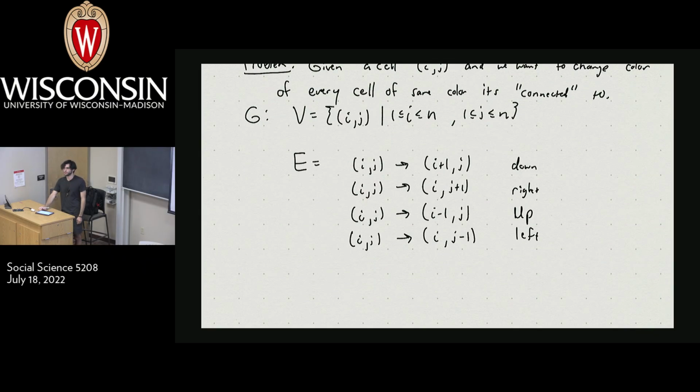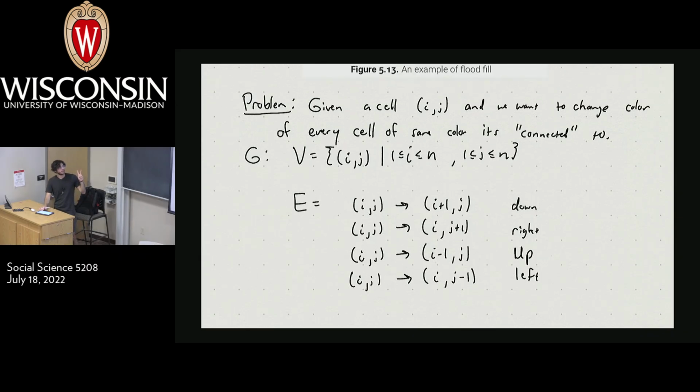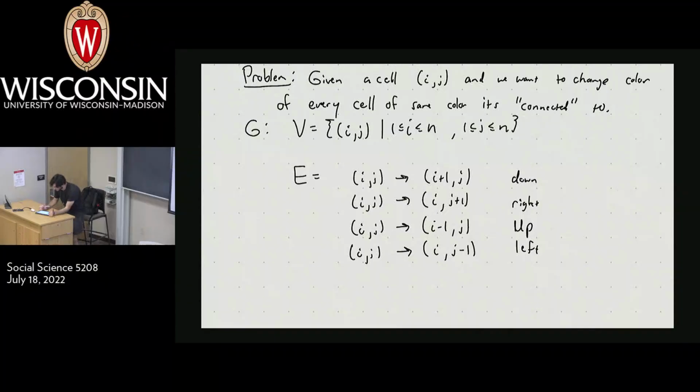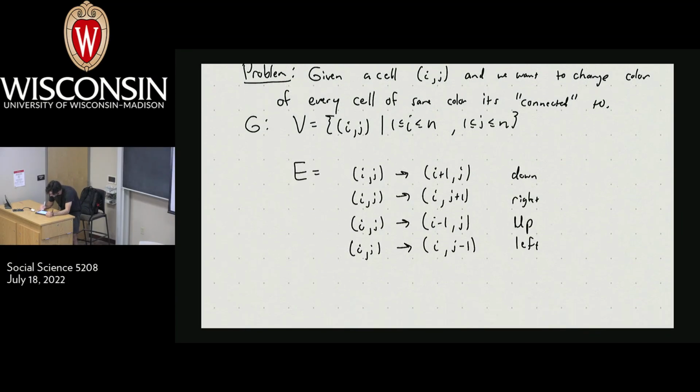And you'll make these moves if you don't fall off the board. So there's a mathematical formula for that. You would do up if i minus 1 is not equal to 0, in other words, if i is at least 2.